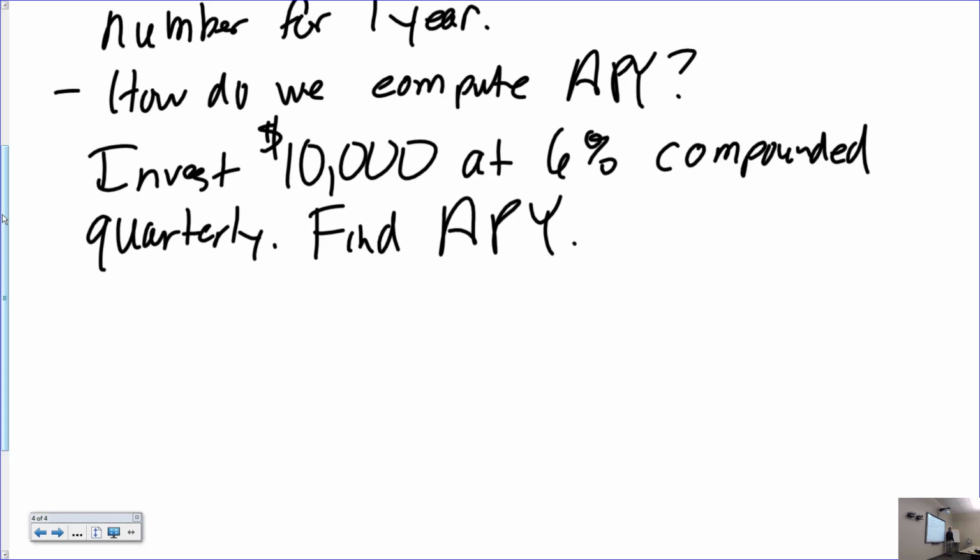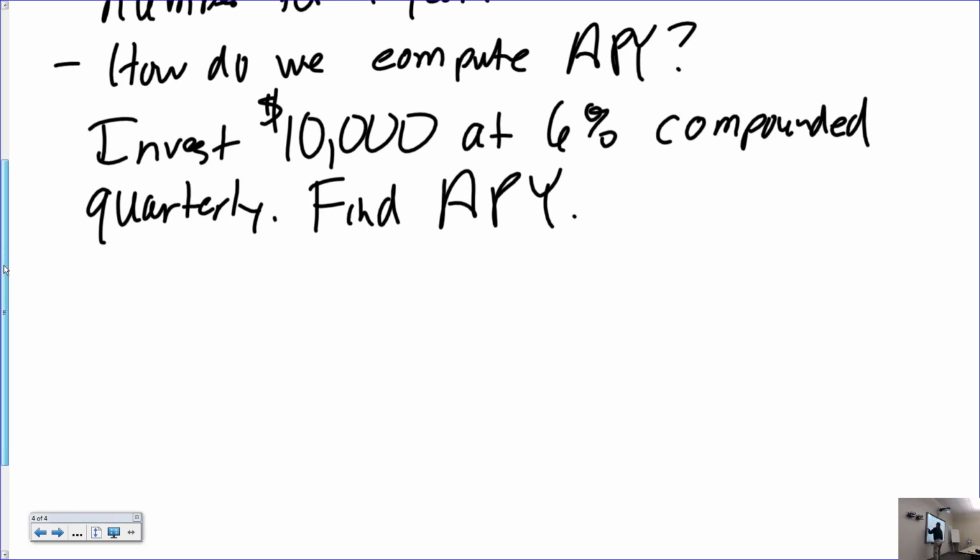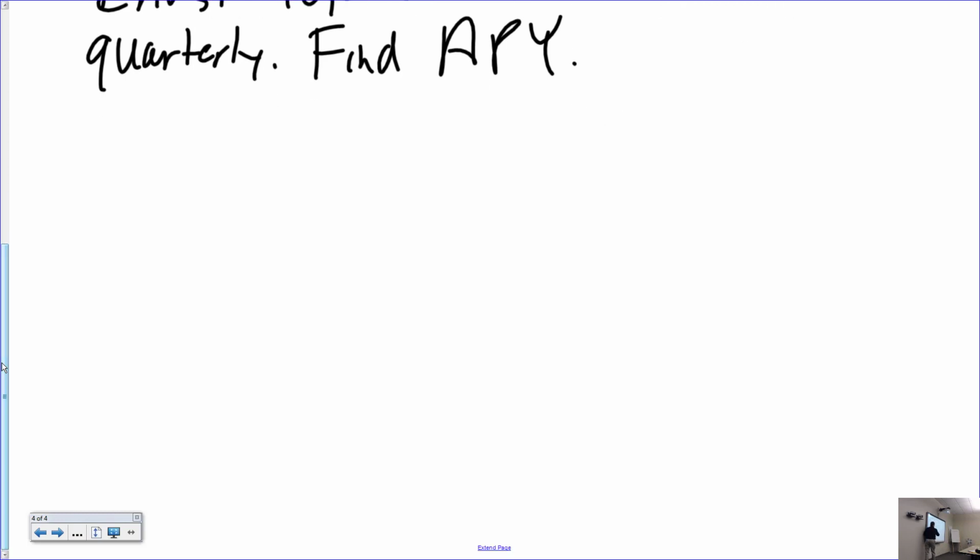Now, first off, folks, simple interest. I equals PRT, but we want to find the simple interest rate. I want R by itself.